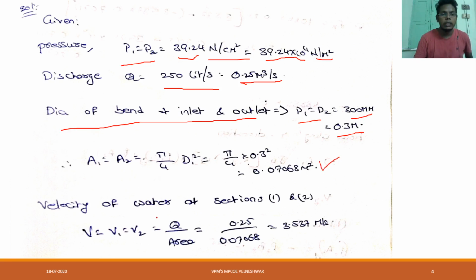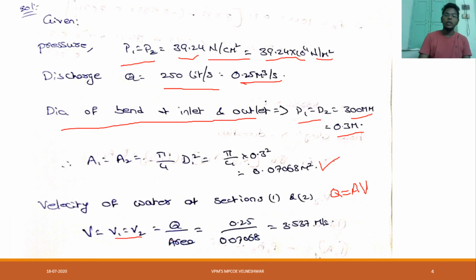Velocity of water at section 1 and 2: as pressure is the same and diameter is the same, velocity will also be the same. V is equal to V1 is equal to V2, equal to Q by area. You know the formula Q is equal to A into V. Here we have two sections, so A1 V1 is equal to A2 V2.